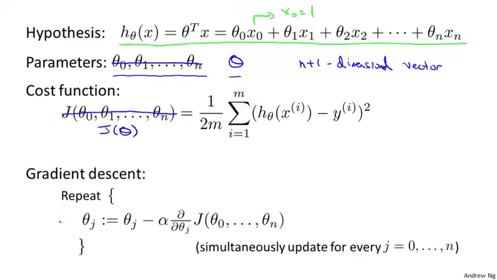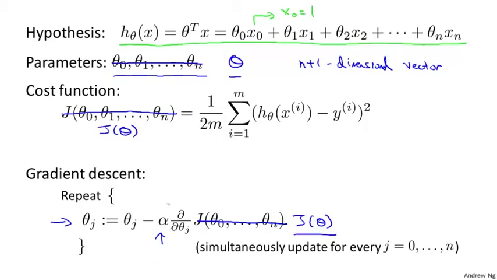We're going to repeatedly update each parameter theta j according to theta j minus alpha times this derivative term. And once again, let me just write this as J of theta. So theta j is updated as theta j minus the learning rate alpha times the partial derivative of the cost function with respect to the parameter theta j.